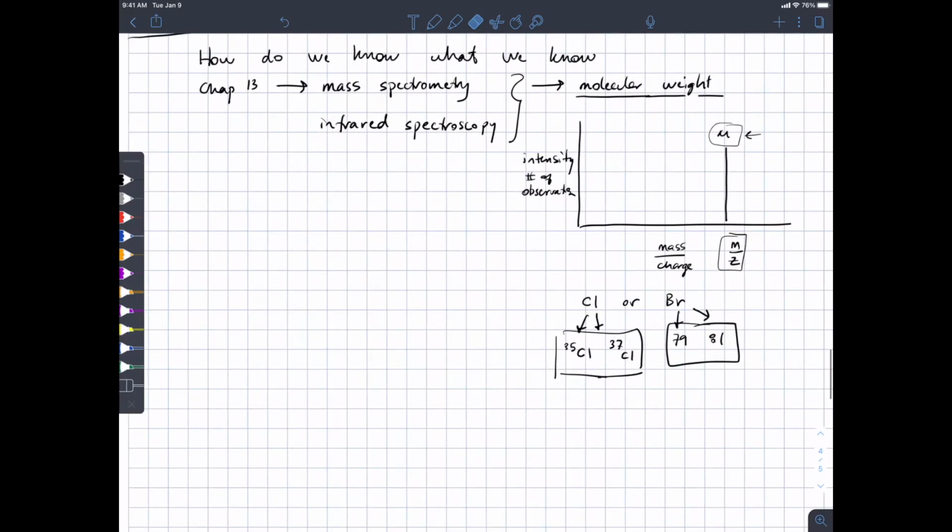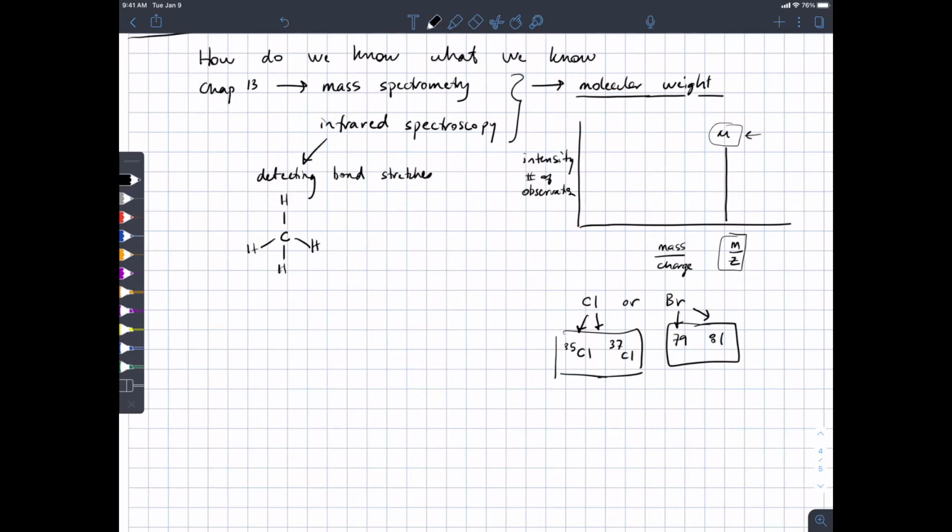Infrared spectroscopy is about detecting bond stretches and vibrations. So in methane, for example, you can think of each of these individual carbon-hydrogen bonds as a spring, and each of them can vibrate, and there are various vibrational modes.